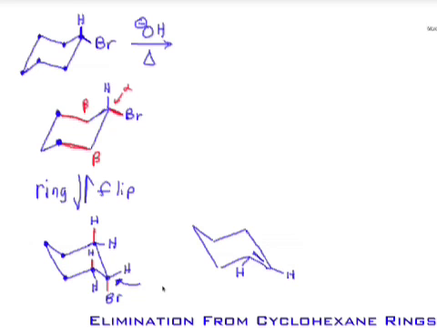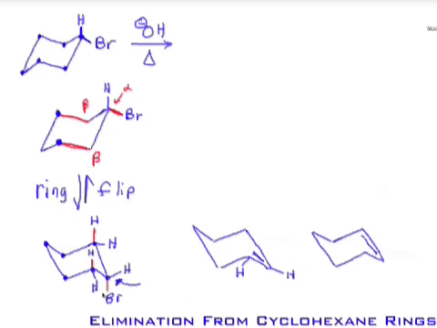This center's not chiral. Hence, if you make the double bond here, or you make the double bond back here, it makes no difference. It's the same molecule.